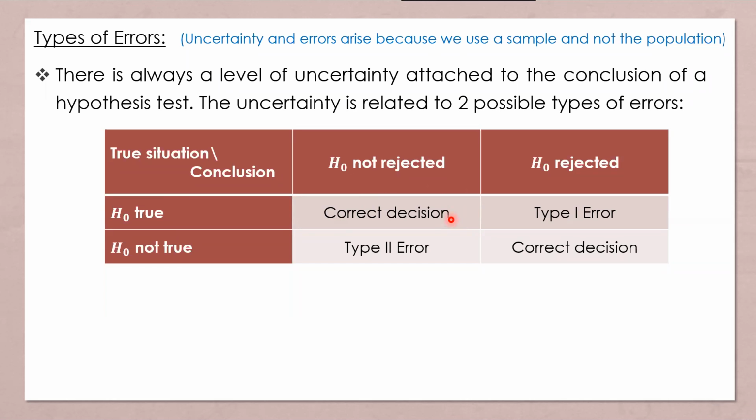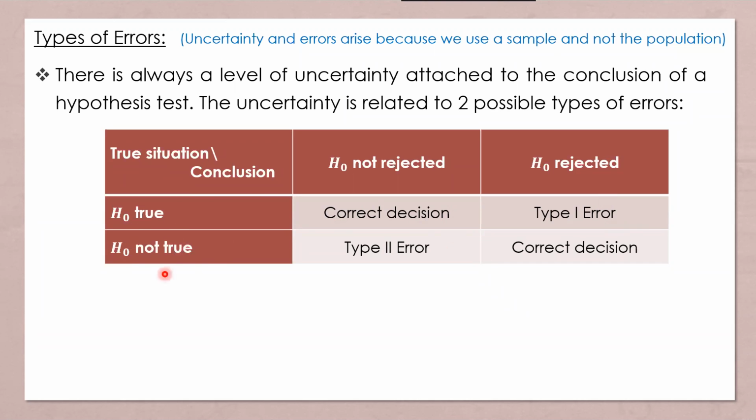However, if it's true in reality, but our conclusion about the hypothesis test is to reject it, that's a type 1 error, okay? That is, the null hypothesis is true, but we have rejected it and therefore concluded the alternative, then that is a type 1 error.